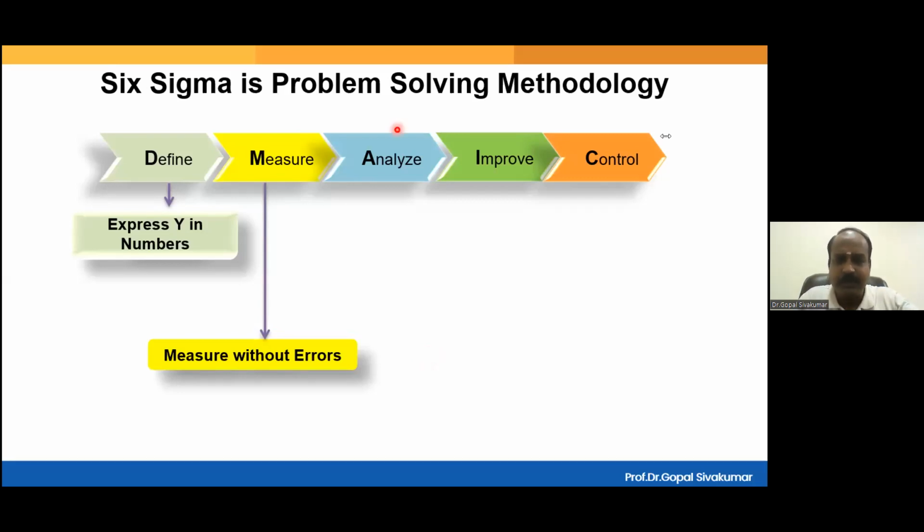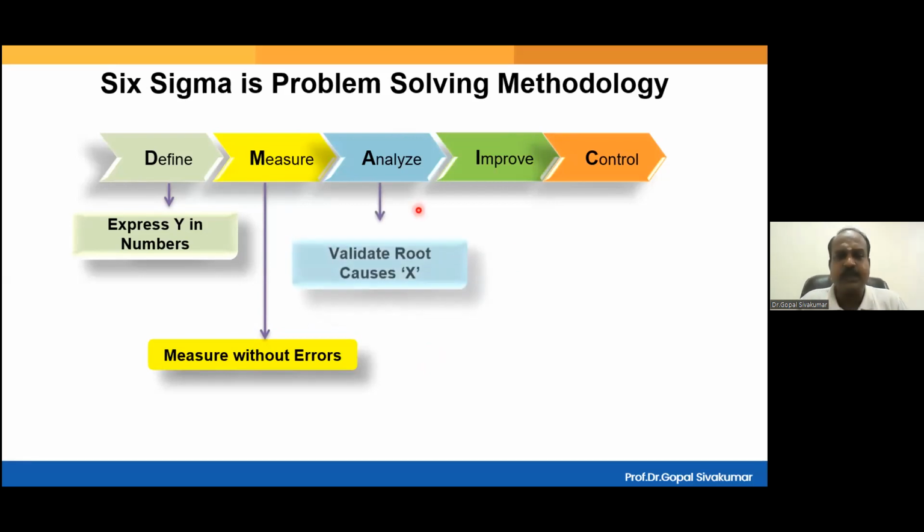The correct rejection percentage is understood. But the challenge with the measure phase is measurement error. Every time you measure, it will come with error. The measurement error should be less than 10%. That's an industry standard. You need to understand that. So once you know the measurements are free from error, you have the ground reality. You have the baseline. Then you move on to the analyze phase.